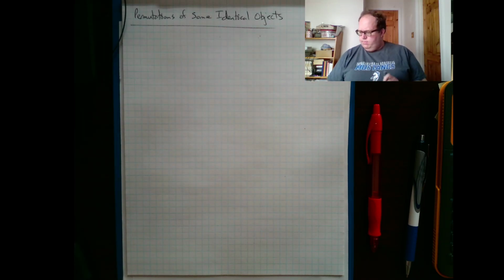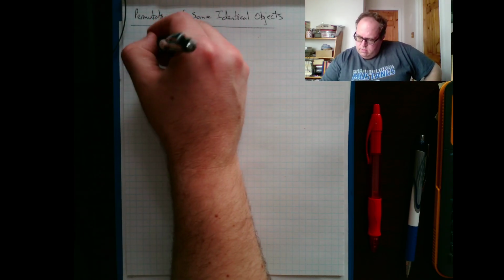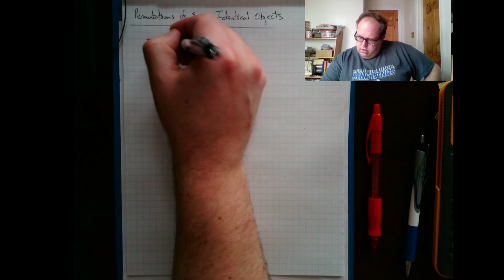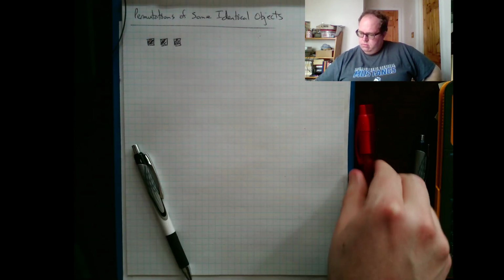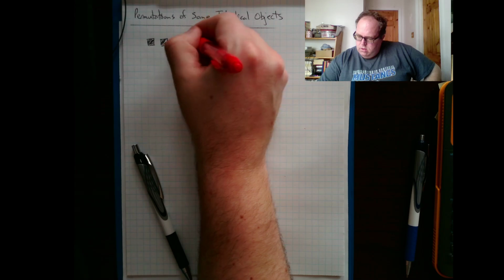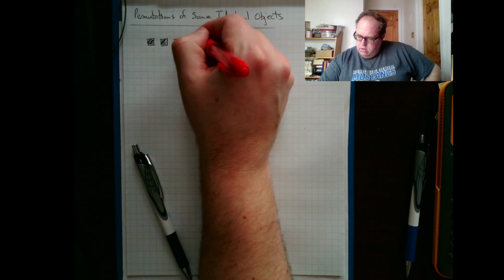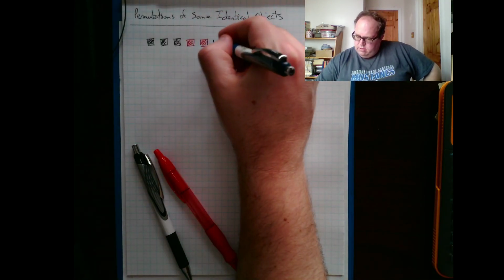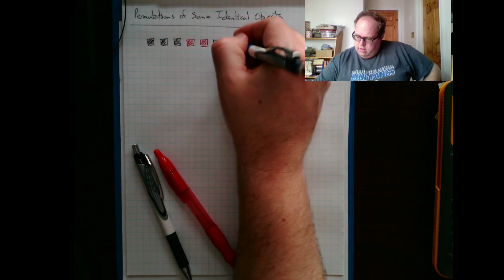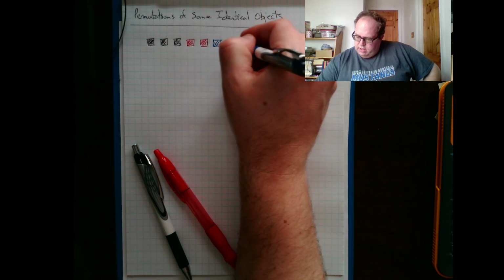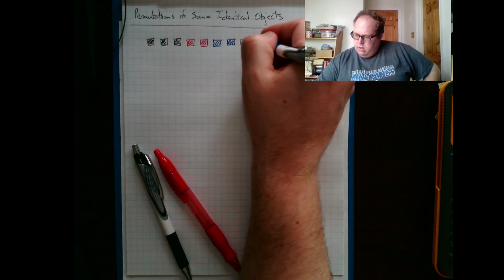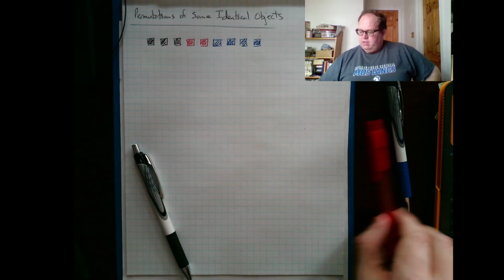So, let's say that I have three black objects, two red objects, and four blue objects that are all now identical to each other. And I'll say that underneath, objects of similar color are identical.